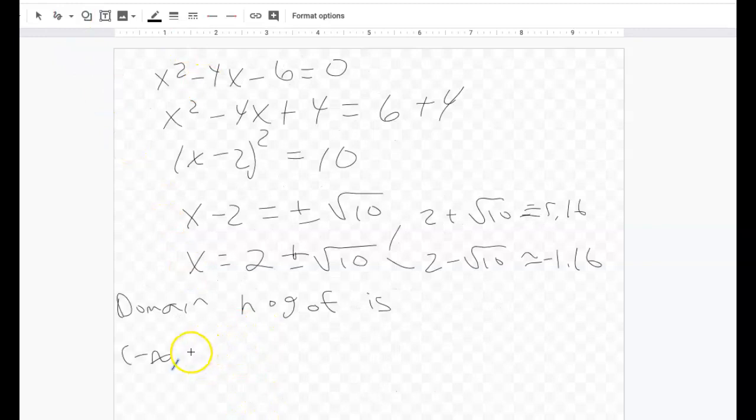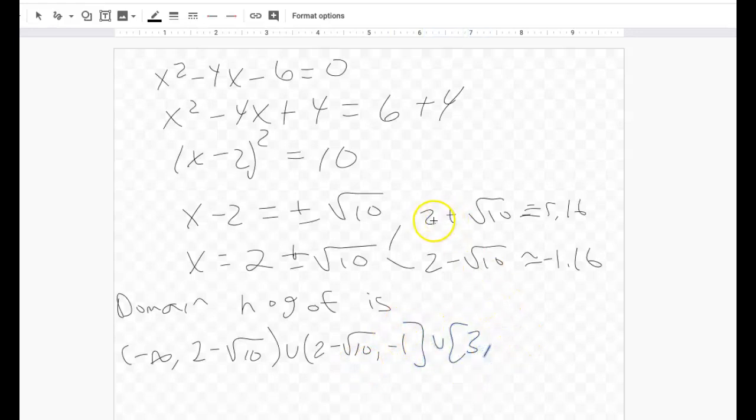So this will be 2 minus square root 10, parenthesis, because we do not want to include that number, union, 2 minus square root 10 to negative 1, union, 3 to 2 plus square root 10, parenthesis, union, 2 plus square root 10 to infinity. Ha! Couldn't fit it on the page. And this is our answer.